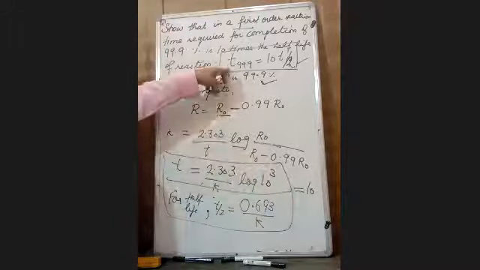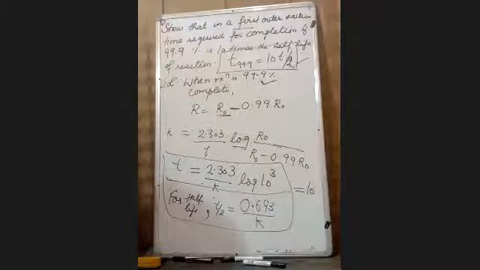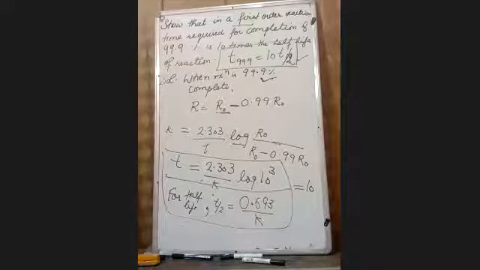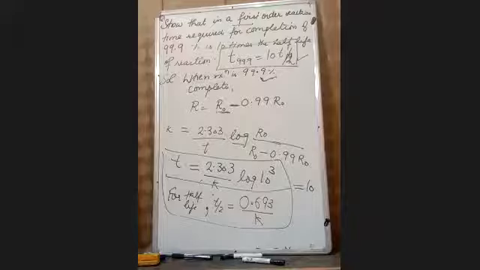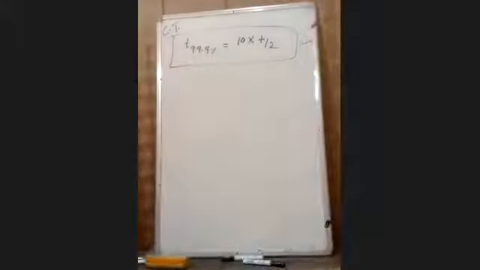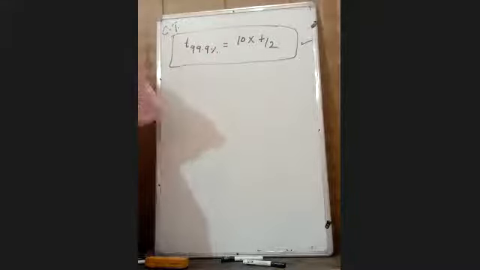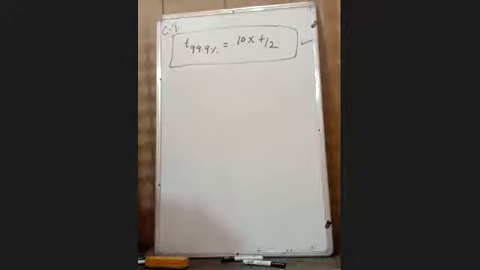So T 99.9% is equal to 10 times the half-life of a first order reaction. Is there any doubt? Please let me know. It is for first order. Remember this trick. T 99.9% for first order reaction is 10 times the half-life. Okay. Now we will see another question.